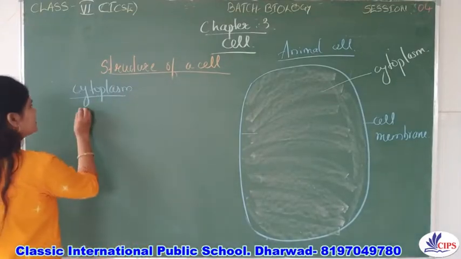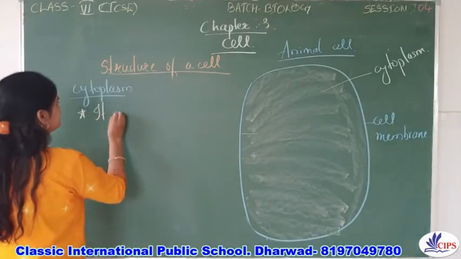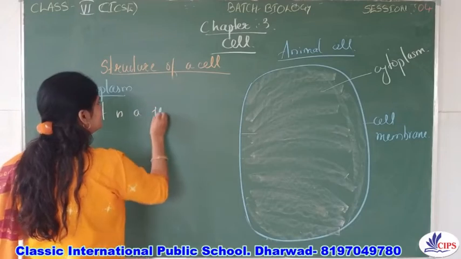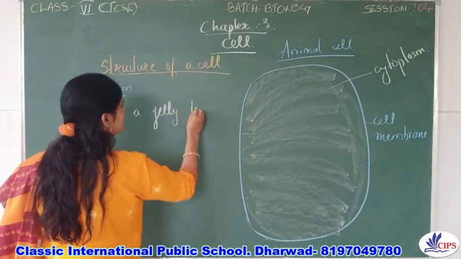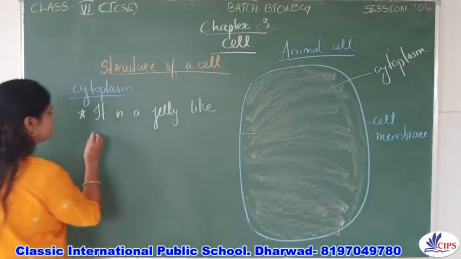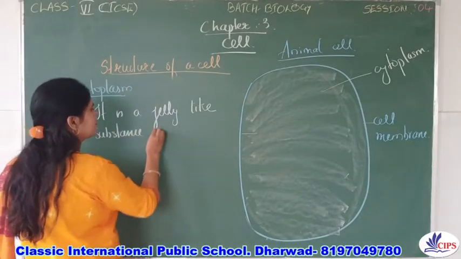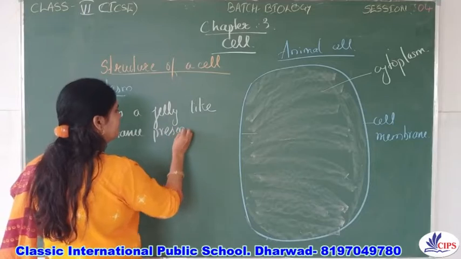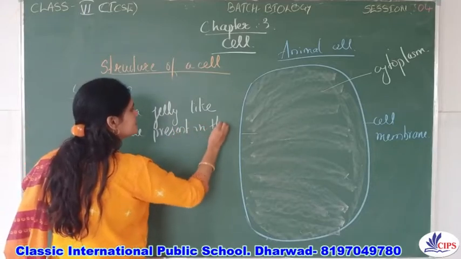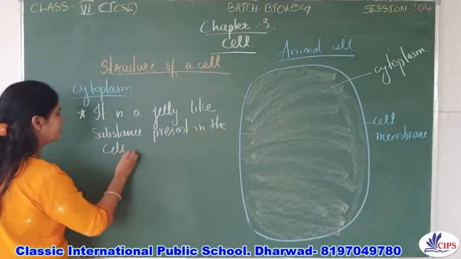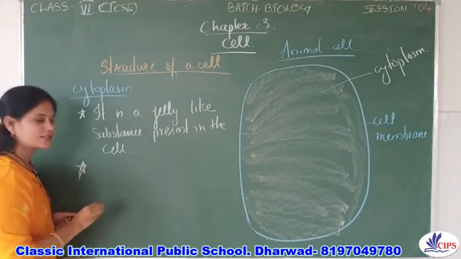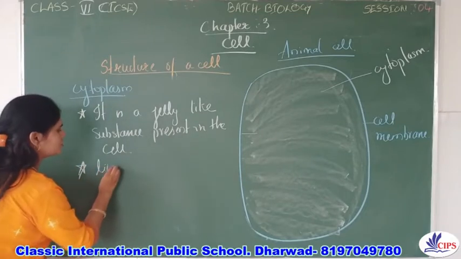So what is cytoplasm? It is a jelly-like substance present in the cell, called cytoplasm, right? And this cytoplasm contains the living structures.